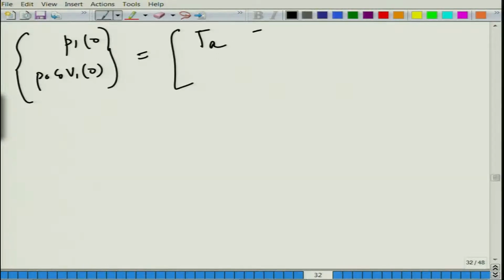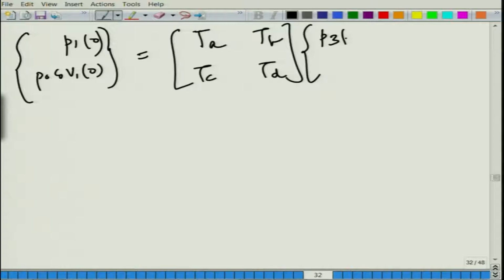T A, T B, T C, T D, and P3 at L, rho naught C naught U3 at L.